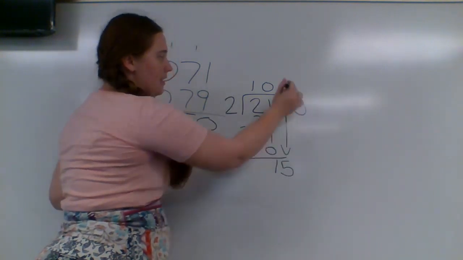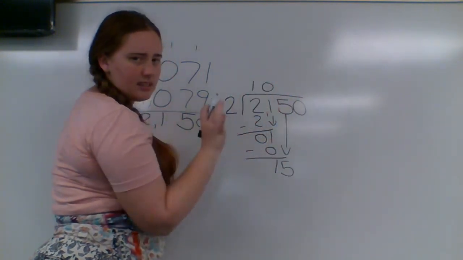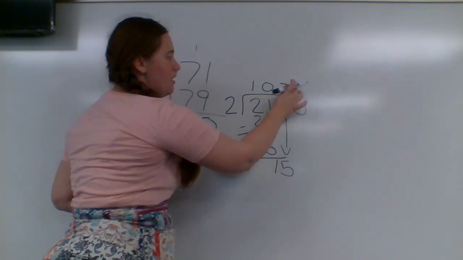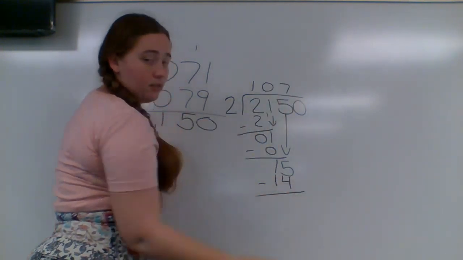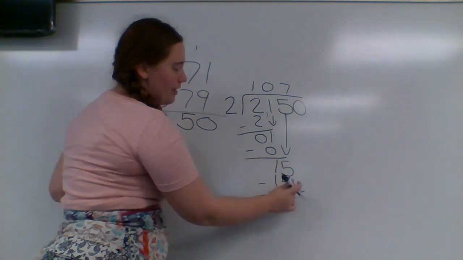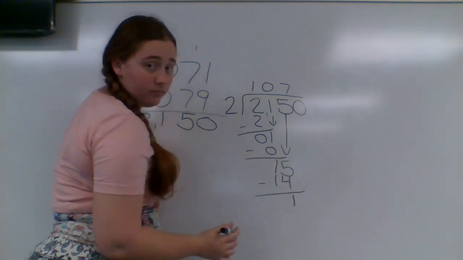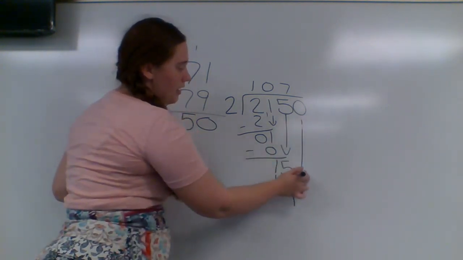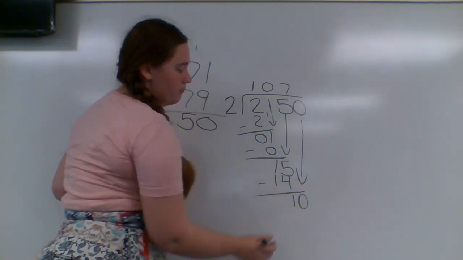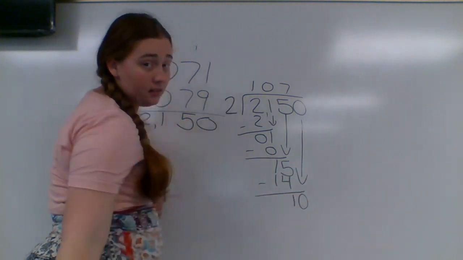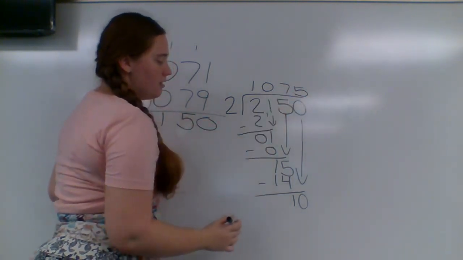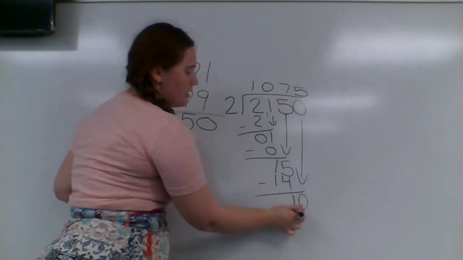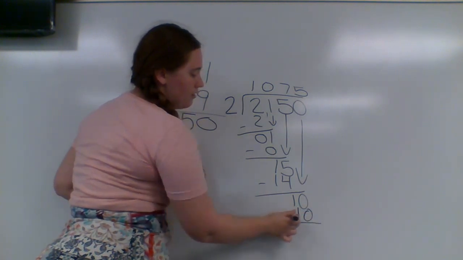2 will go into 15 7 times. Let's try 7. 7 times 2 is 14. Subtract. 5 minus 4 is 1. Carry down the 0. 2 will go into 10 5 times. And 5 times 2 is 10.